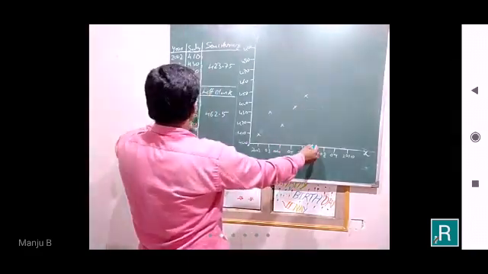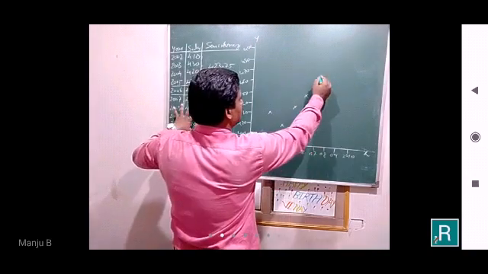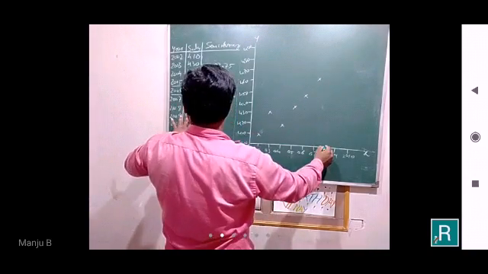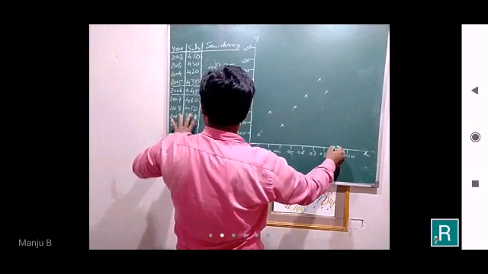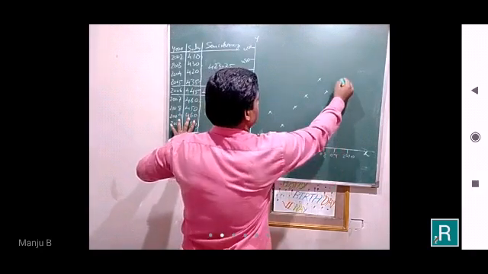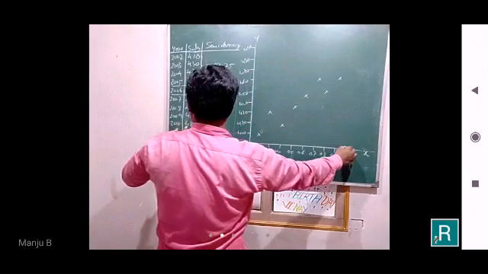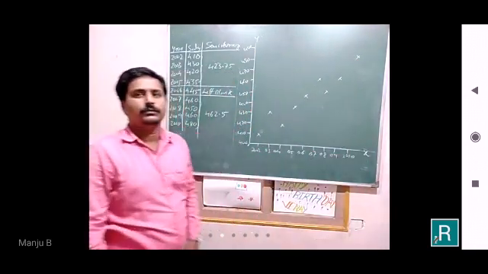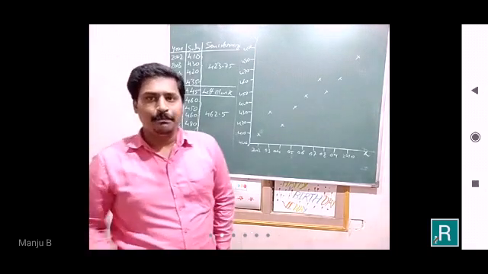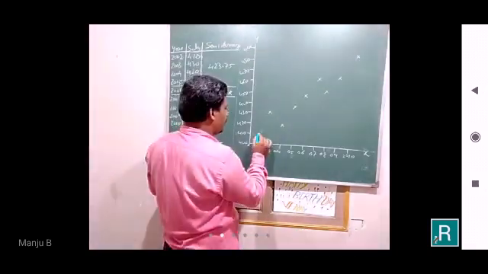Next for 2007, 460. Next 2008, 450. 2009, 460. And 2010, 480. So let us join them chronologically.